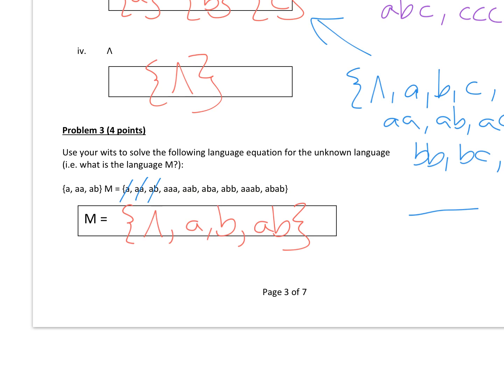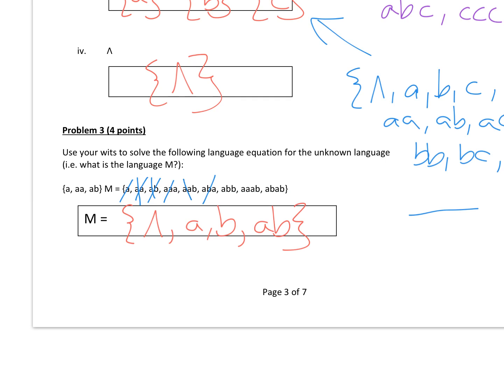Well, I get AA, which I've already crossed off, but that's okay. I get AAA and ABA. So let's cross off the AAA and the ABA. If I concatenate everything with a B on the end, I get AB, AAB, and ABB. So let's cross them out. Well, AB is already crossed out, but that's okay.